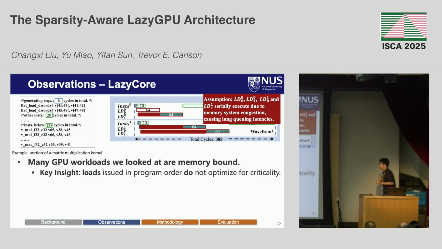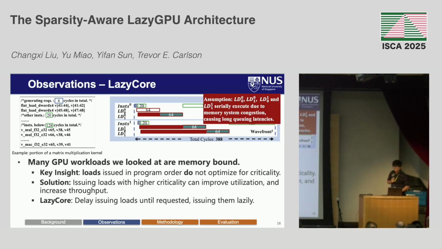We found that many GPU workloads are memory bound. The cause here is that the loads are issued in program order and are not optimized for criticality; they are just issued in program order. So it can cause some problems.